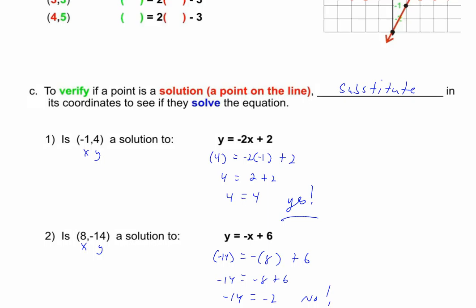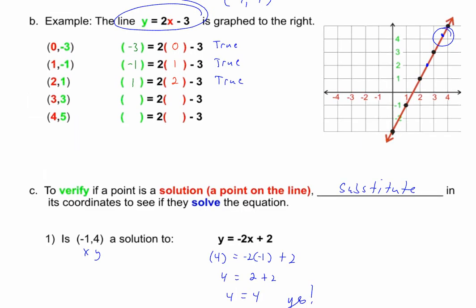Here's the thing. Every point on the line is a solution to the function. So how many solutions are there? If every point on the line is a solution to the function, how many solutions are there? Well, I showed you on this one, 1, 2, 3, 4, 5, 6. We even did that one, 7.